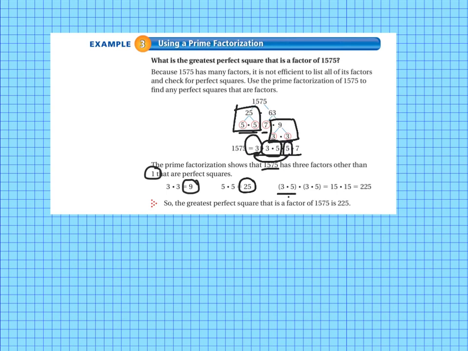So that's where they're getting that 3 times 5 times 3 times 5. And 3 times 5 equals 15. And the other 3 times 5 equals 15. And 15 times 15 equals 225. So the greatest perfect square that is a factor of 1575 is 225.